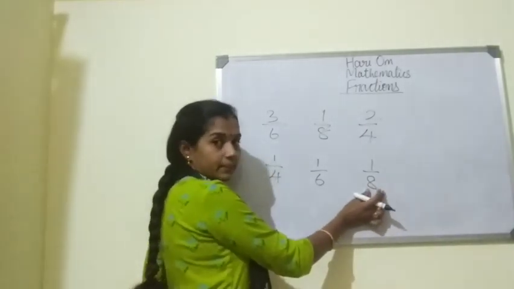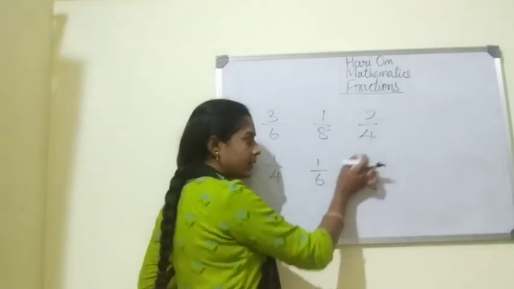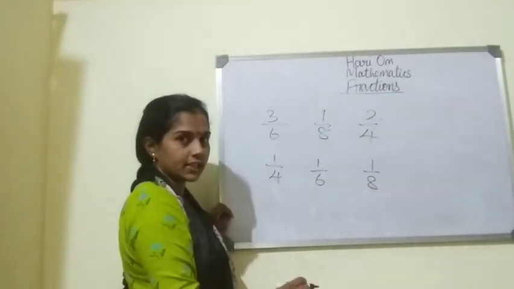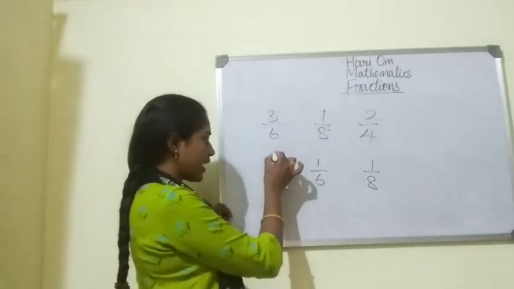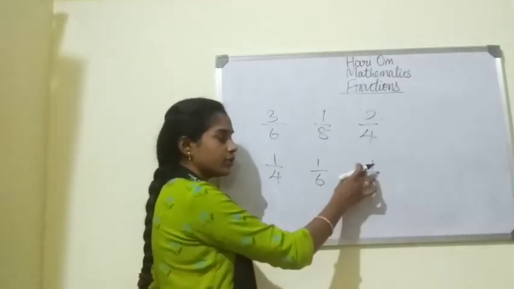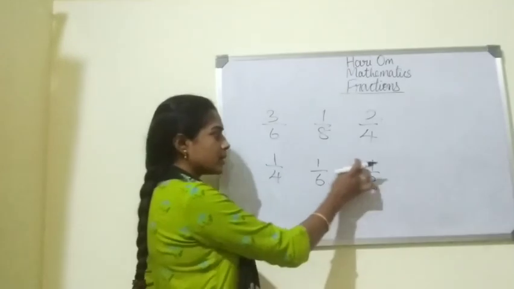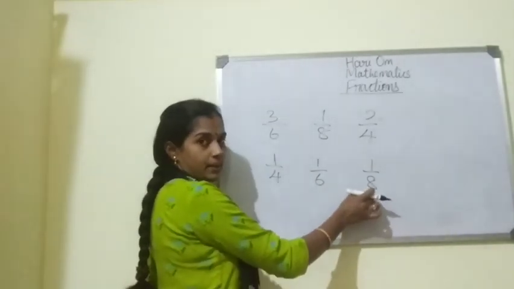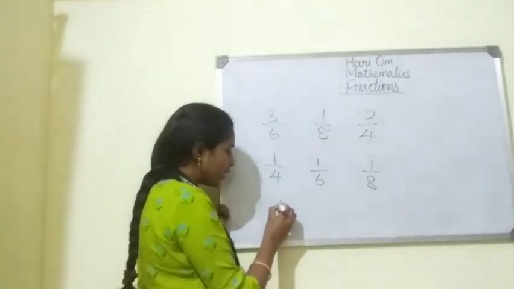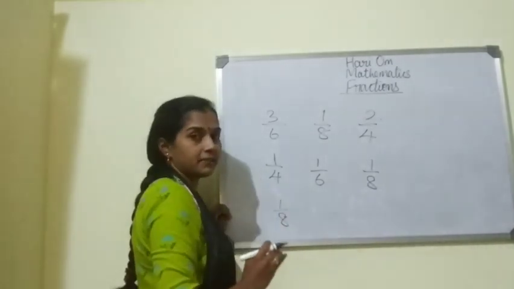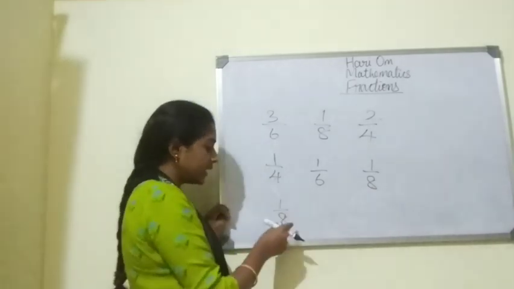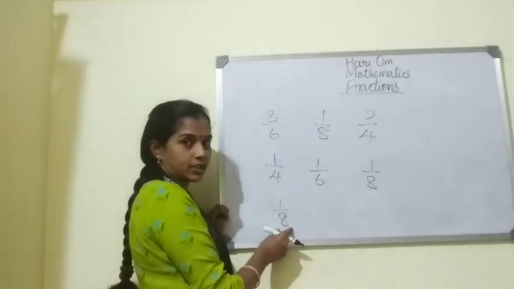The greatest number in the denominator will be the smallest fraction. Understood, children? The greater number in the denominator is the smallest fraction.